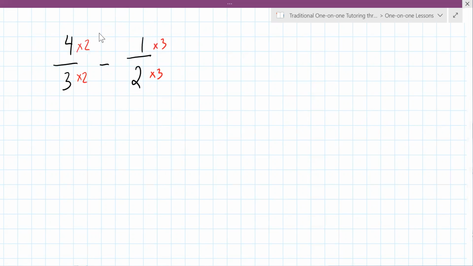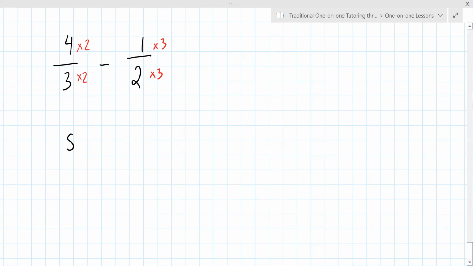So it's the same, even with subtracting. What's different though is you subtract the top numbers. It's now 8 minus 3. Keep the bottom. It's going to be 5/6.